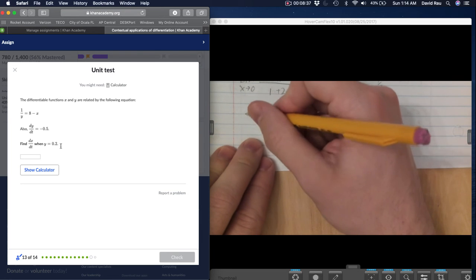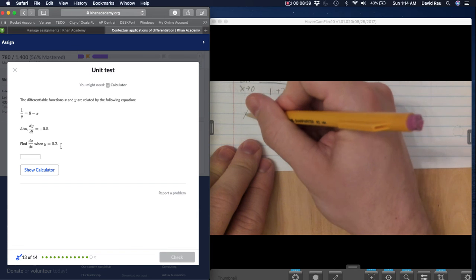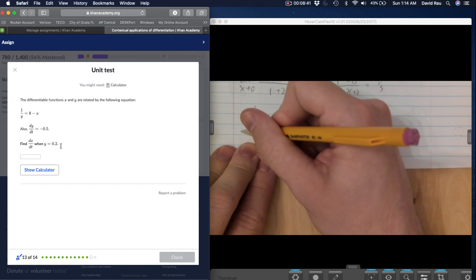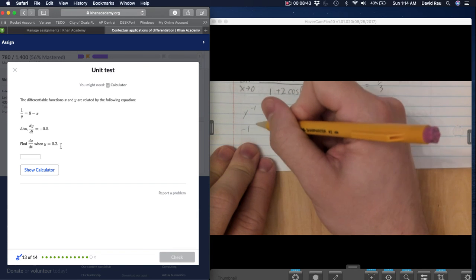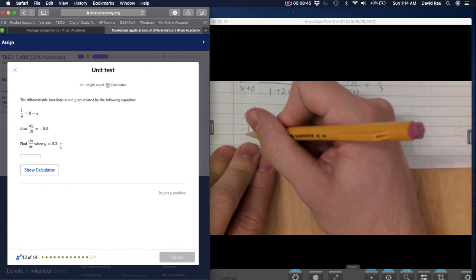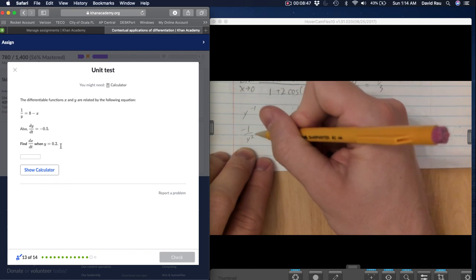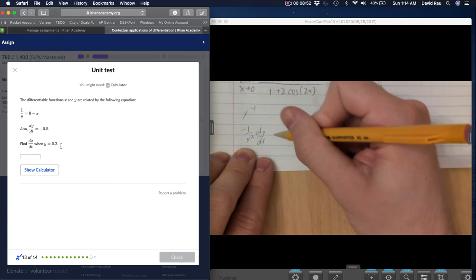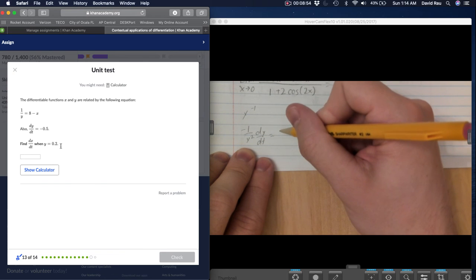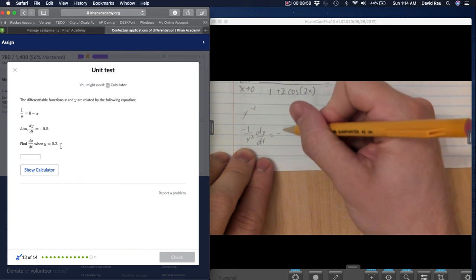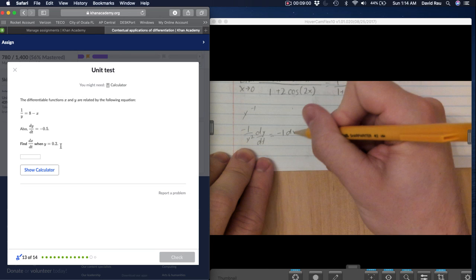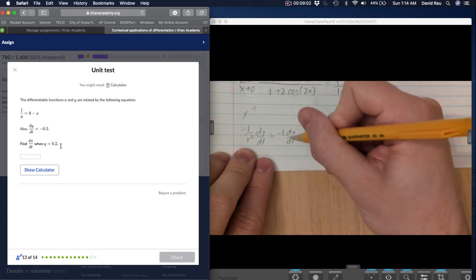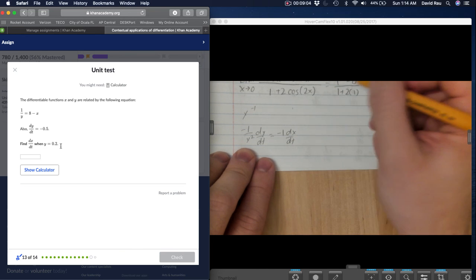Just recall that 1 over y is really y to the negative first. So when I derive that, I'm going to get negative 1 y to the negative 2, or in other words, negative 1 over y squared, and then also a dy/dt, because we're deriving with respect to time now. That's equal to, careful, 8 derives to 0, and negative x just derives to negative 1, and then dx/dt.